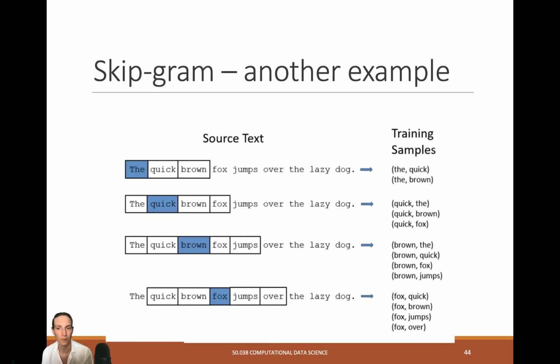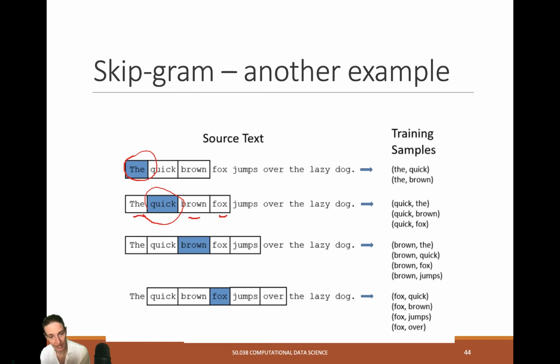Another example. We have the quick brown fox jumps over the lazy dog. For the training samples here, we have a training window of length 2. Focus word the: our input pairs are the quick and the brown. Focus word quick: quick the, quick brown, quick fox.